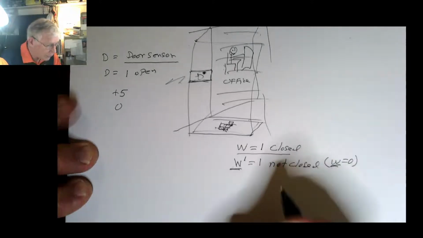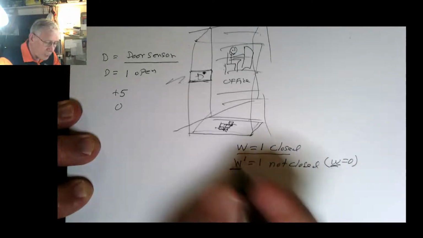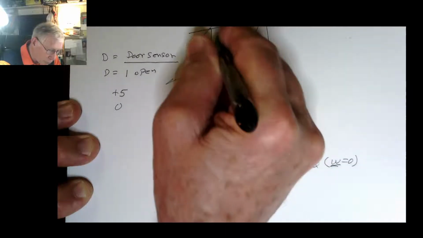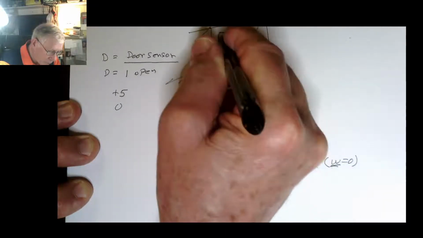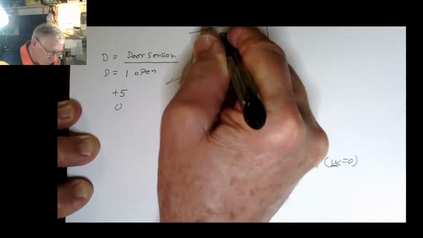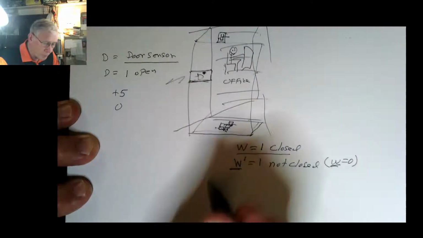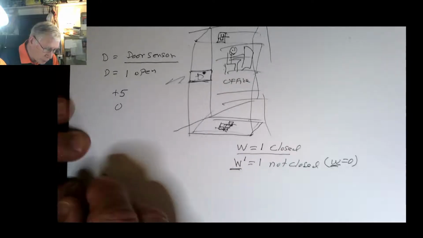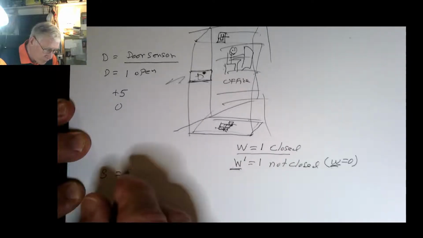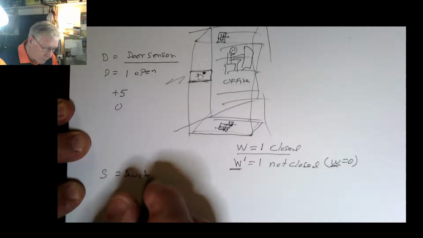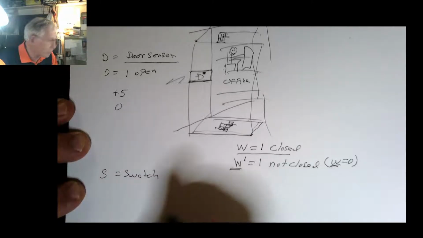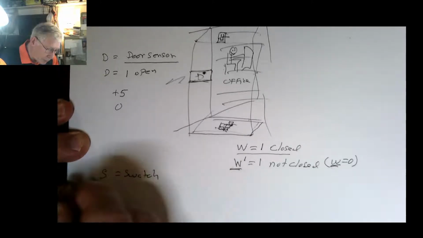All right. Now, we also have a switch. We'll put a switch on the wall here. And we'll call that a switch, and it's the master alarm switch. It's actually a master switch.